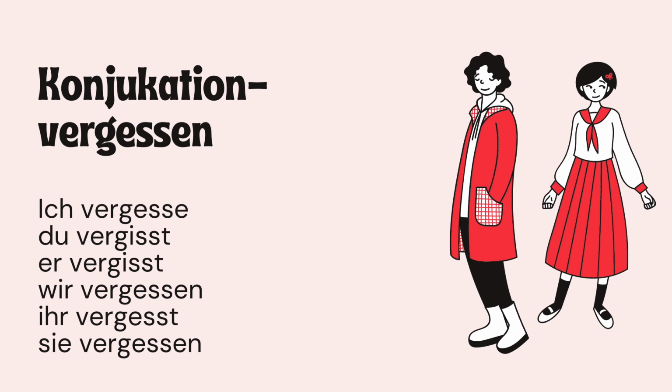So ich vergesse means I forget, du vergisst means you forget, er vergisst means he forgets, wir vergessen, we forget, ihr vergesst, you forget, sie vergessen, they forget. So you can use the word forget in this way.